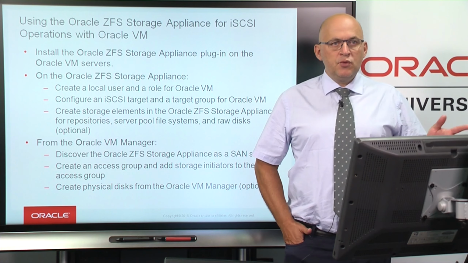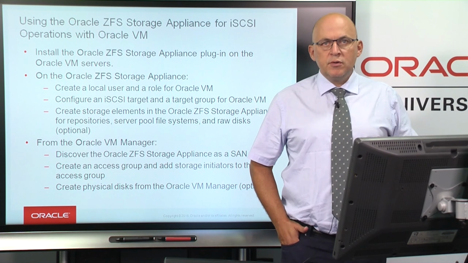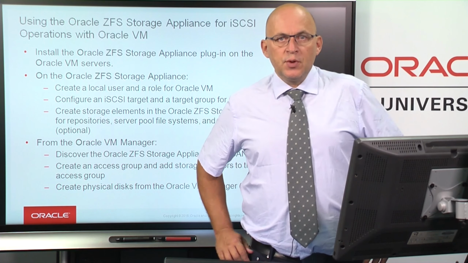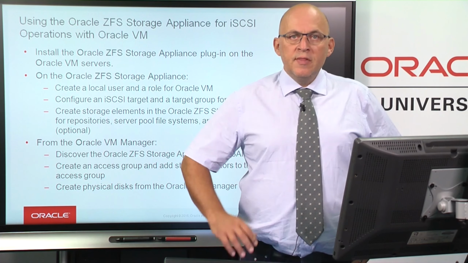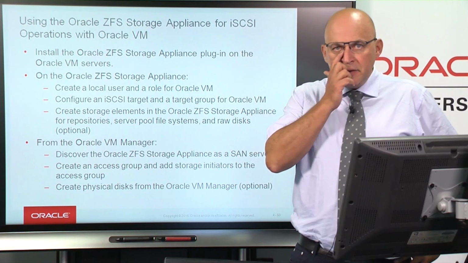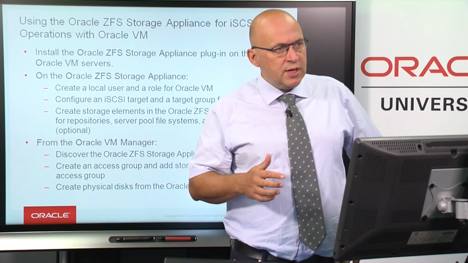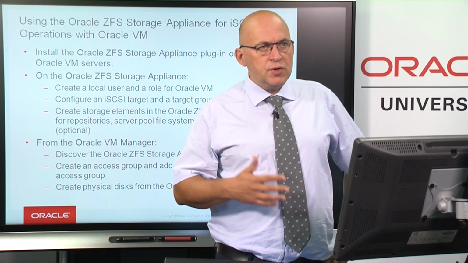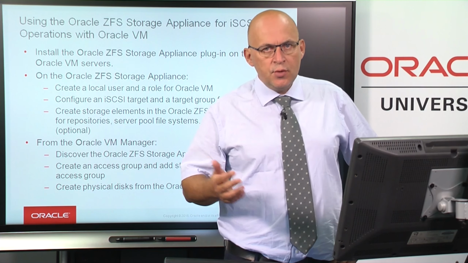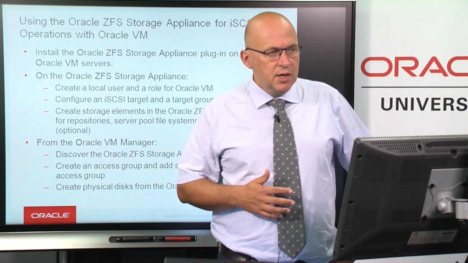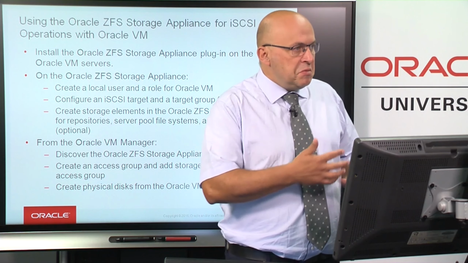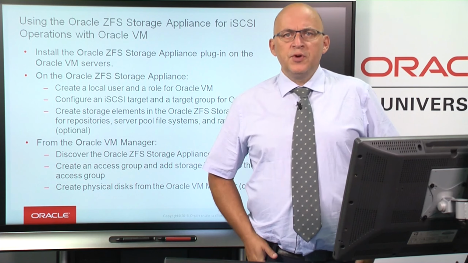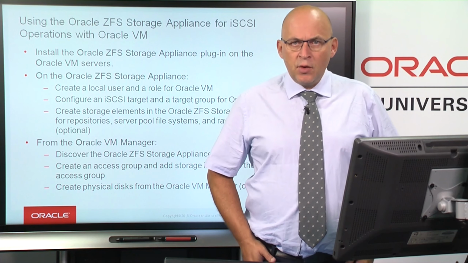So if you work like that, you have to install the Oracle ZFS Storage Appliance plugin on every Oracle VM server. Then on the Oracle ZFS appliance, you have to create, for configuration purposes, a local user and access rights as a role for the Oracle VM, because it's the Oracle VM that will use the appliance. Then you have to configure SCSI targets and target groups.